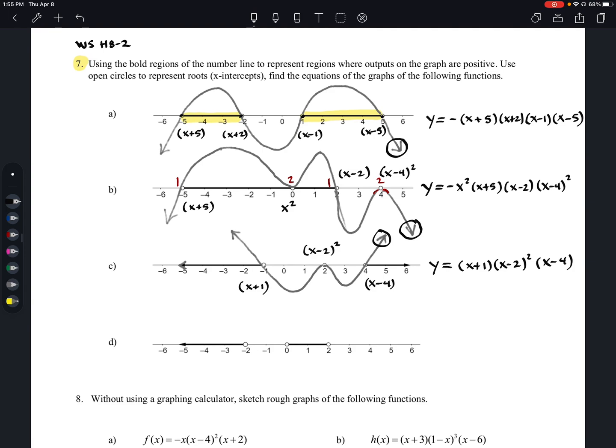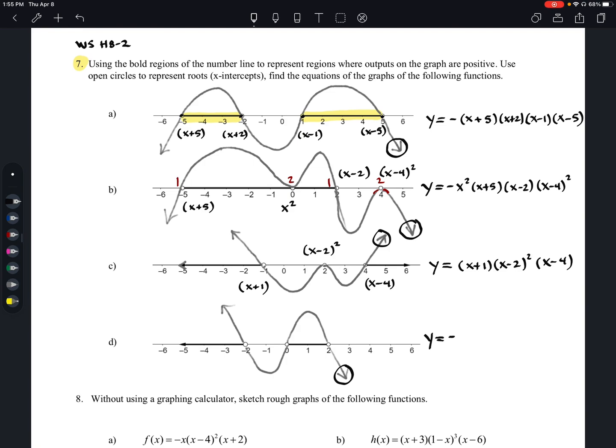For D, same thing. If you've been working along with me this whole time, maybe you do this one on your own and then check it. It looks like we're starting from above. We go down, we're underneath, we come up, we're above, now we're back down, and it looks like we're going down to the right at the end. So again, negative orientation, y equals a negative.